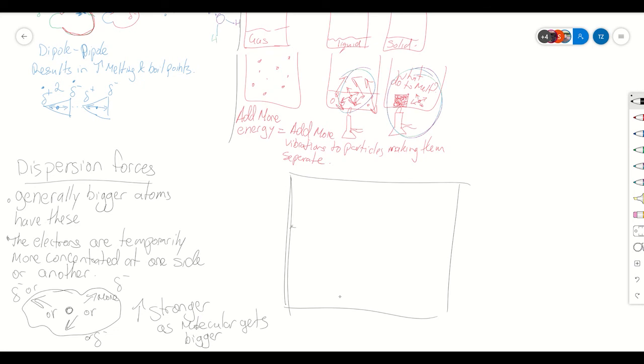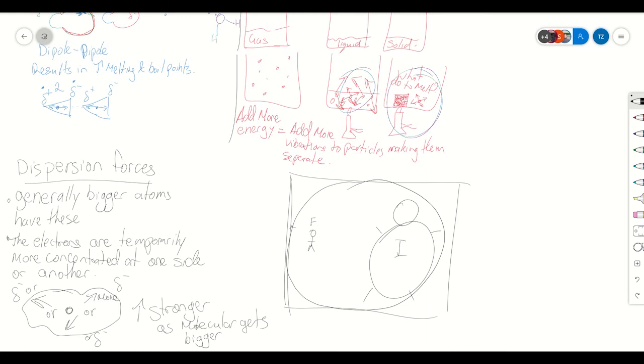So we have a sumo wrestling ring here. Over this side, who's going to be our little guy? Let's just use fluorine. And fluorine is going to be versus our iodine over here.